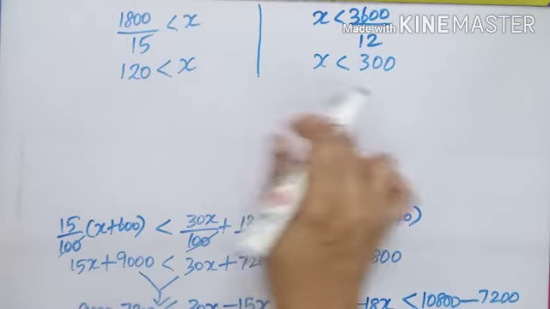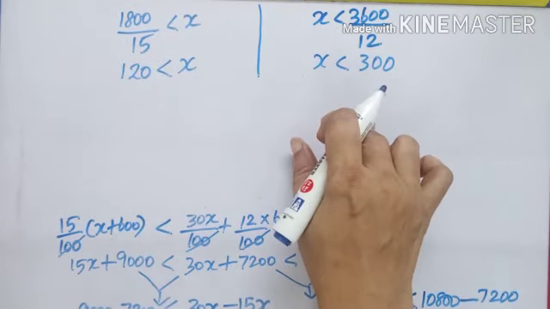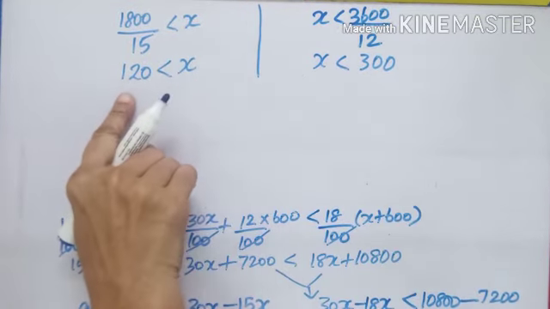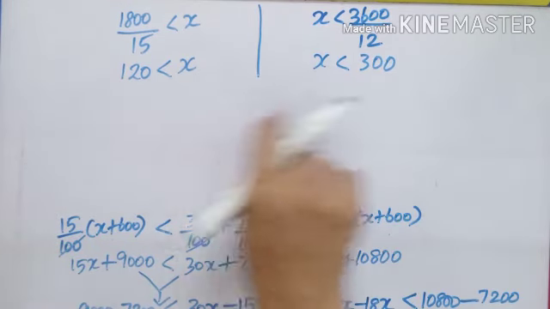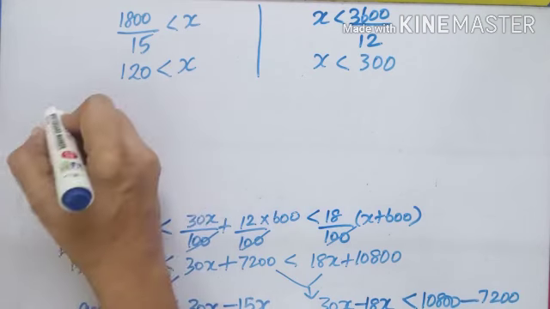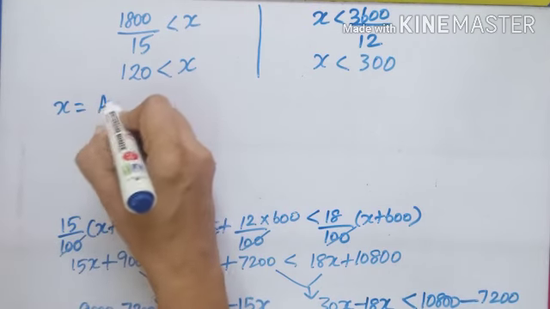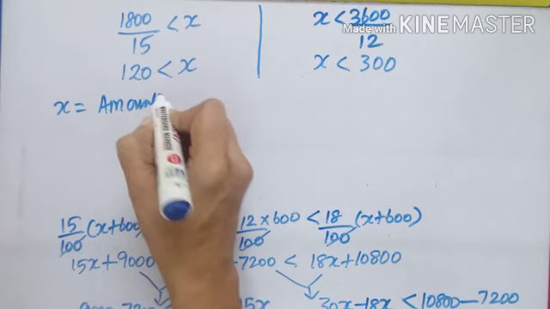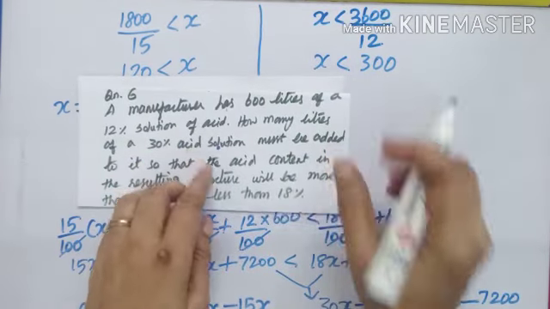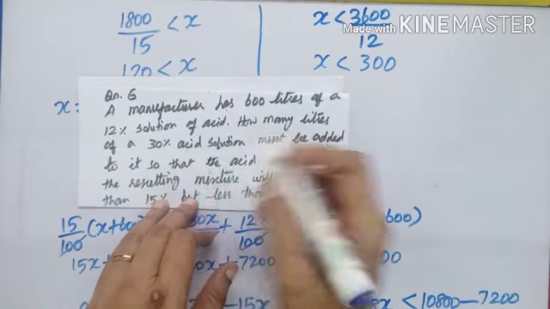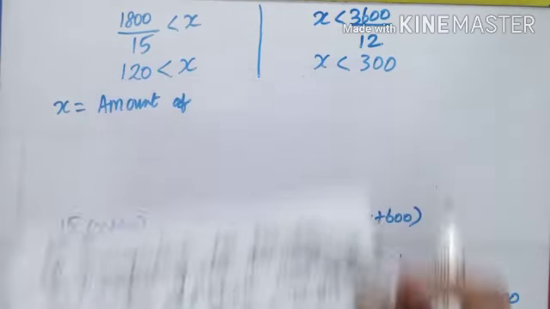So we have the two inequalities giving rise to x above 120 and x is below 300. So combining this, what is x actually? In the question we had taken, how many liters of 30% acid solution, that only we took as x.